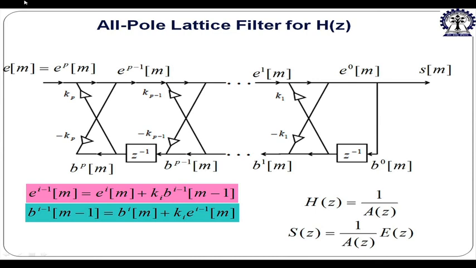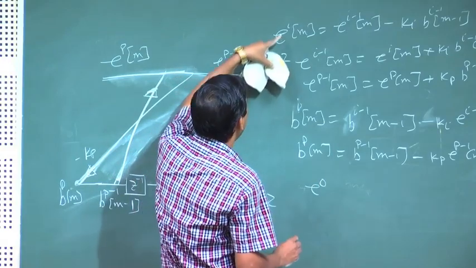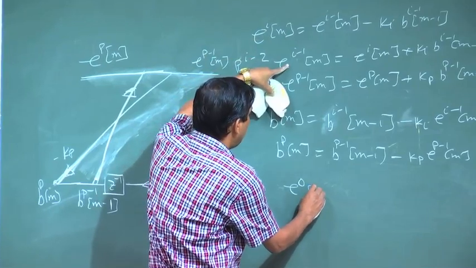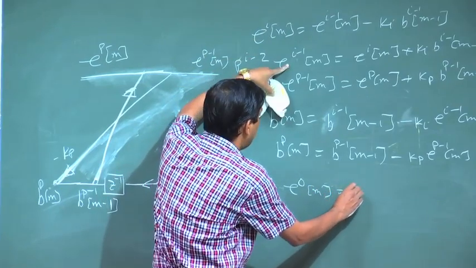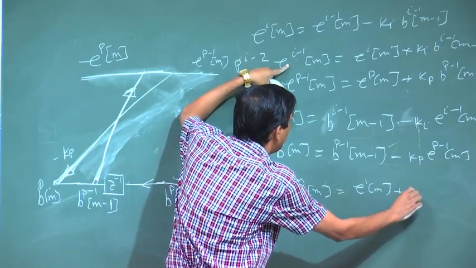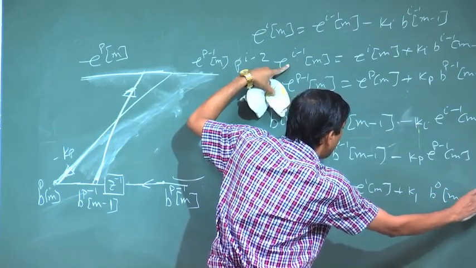Ultimately, once I go to 0, what is E0 m? E0 m is nothing but E1 m plus K1 into B0 m minus 1.